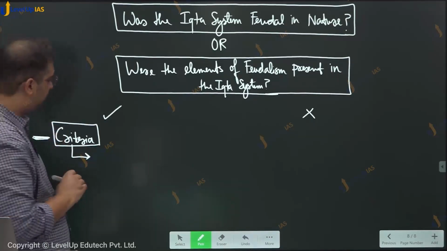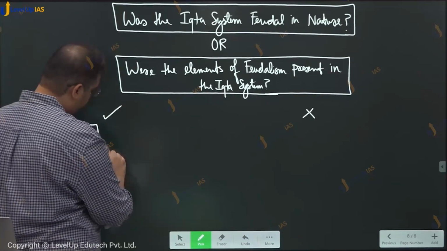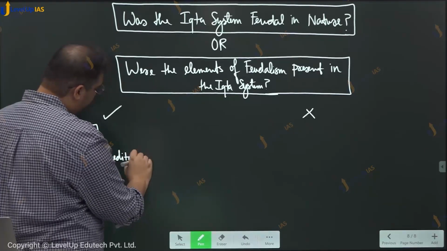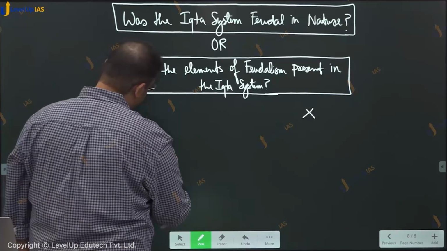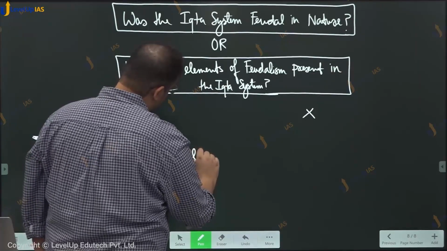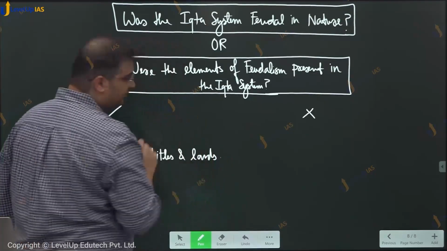First of all, the existence of hereditary titles and lands should be there.